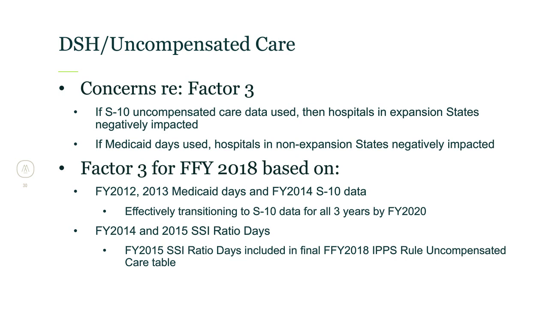And that gets us to our third polling question. What year will worksheet S10 data be fully transitioned into Factor 3 of the DSH uncompensated care payment pool? Your options are federal fiscal year 2019, 2020, 2021, or I don't know.